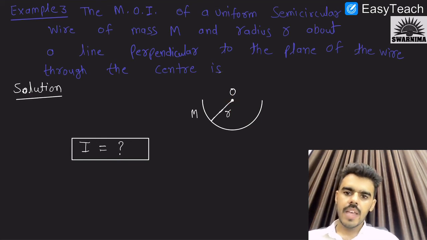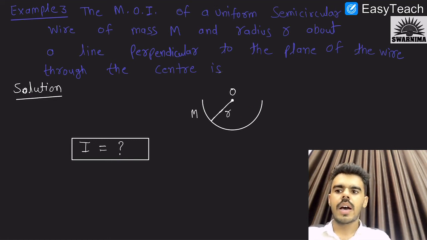So as we know, in a ring, about the axis perpendicular to the plane of the ring, the moment of inertia is mr square. So here the mass is also m, the radius is also r, and the distribution is like a ring. So I becomes mr square.